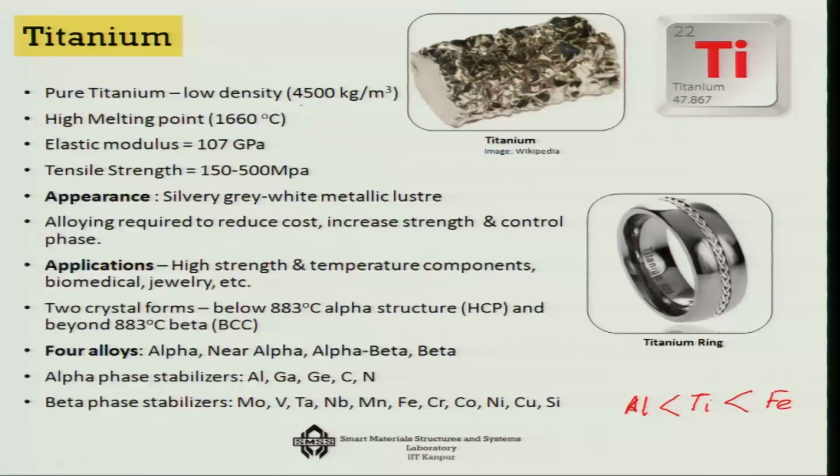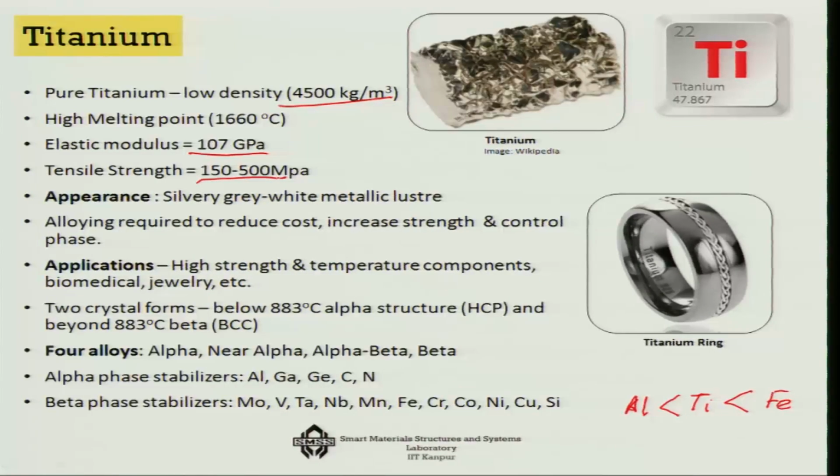It is about 4500 kg per meter cube. Its melting point is quite high, 1660. Elastic modulus in a pure form is also higher than aluminum, but lower than steel. Tensile strength is about 150 to 500 MPa.